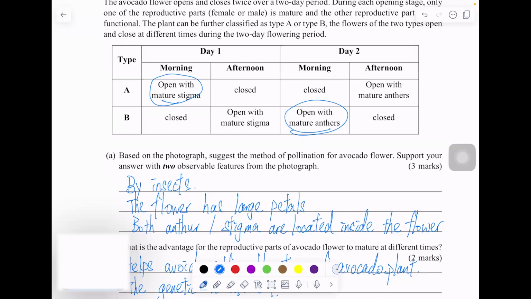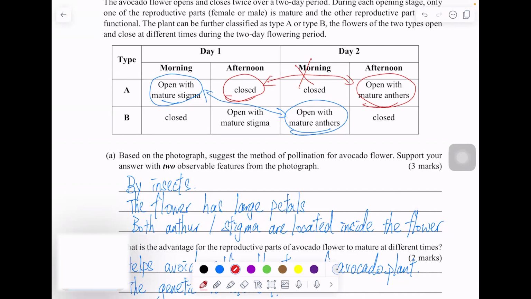Then in this case, during the morning time, only type A and also type B plants can have cross-pollination because there will be opening of the mature stigma and also opening of the mature anther for type B plant. So there would be cross-pollination, but no self-pollination because it will close in the afternoon time. So in this case, it will not open. So no pollination during the afternoon time.